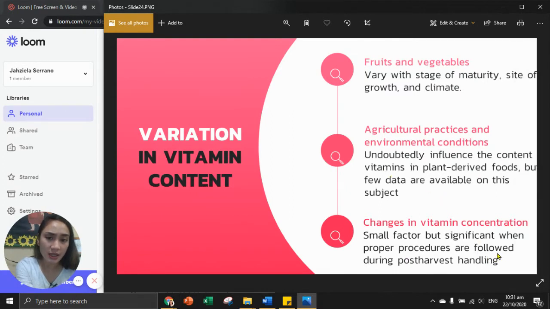So next, ang variation in vitamin content. There is a changes in vitamin concentration. So dito, it's just a small factor but significant when proper procedures are followed during post-harvest handling. So sabi nga nila, there's higher vitamin content to raw foods compared to foods that are exposed in heat, no, after cooking.